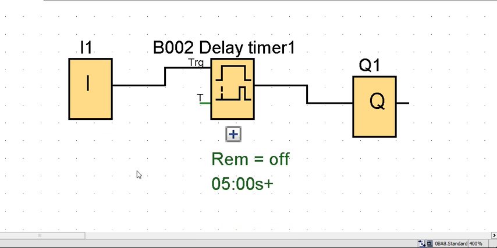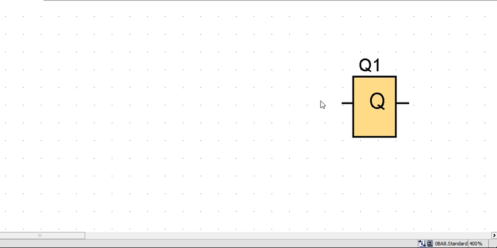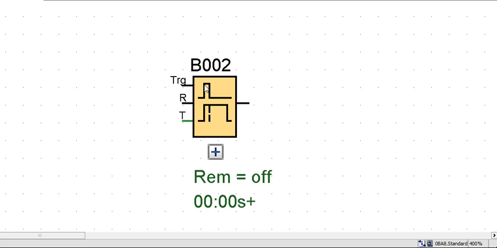Let's talk about the next type of timer, which is called delay off timer, which is the opposite of delay on timer. Let's take the block diagram. You can see here this is delay off timer.